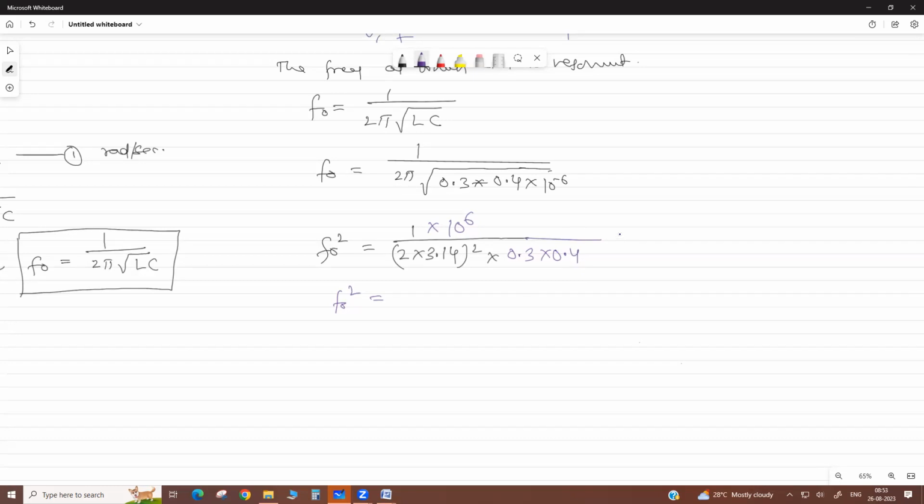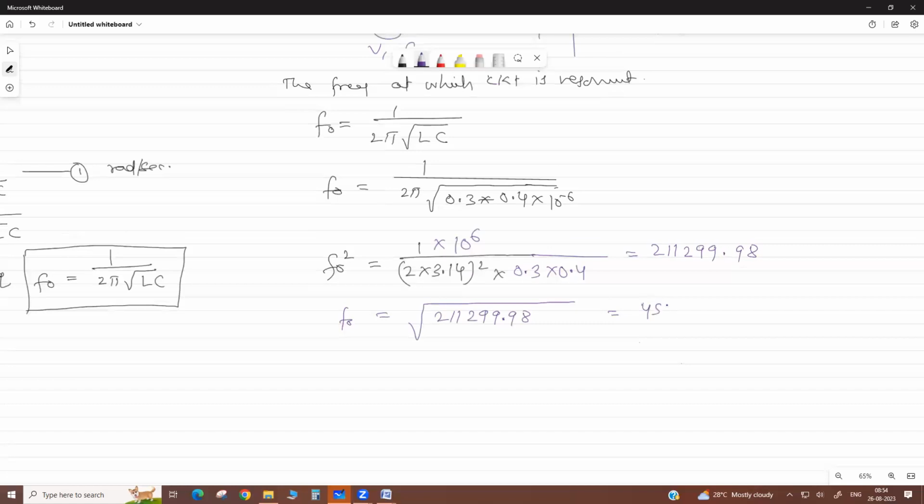This value comes to 211,299.98. If we remove the square, it is the root of this, 459.67 hertz.